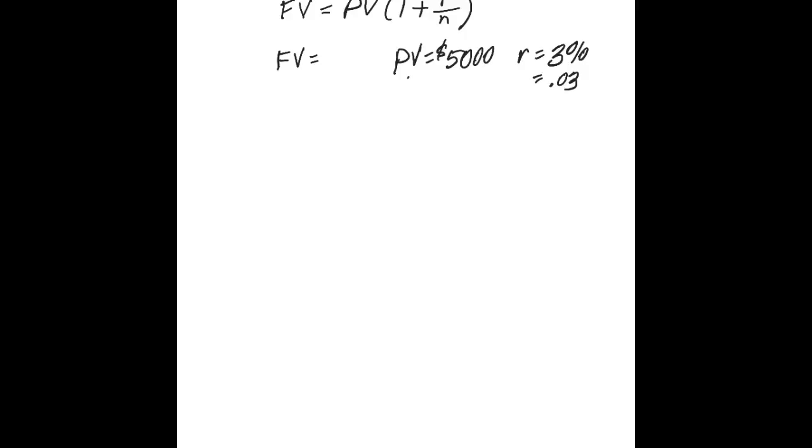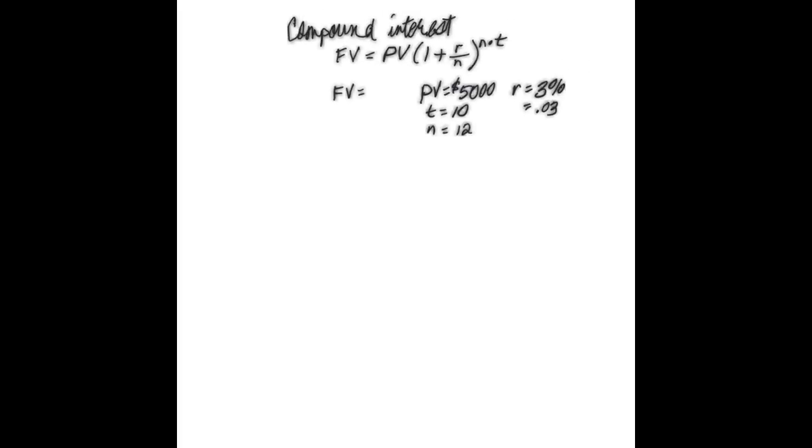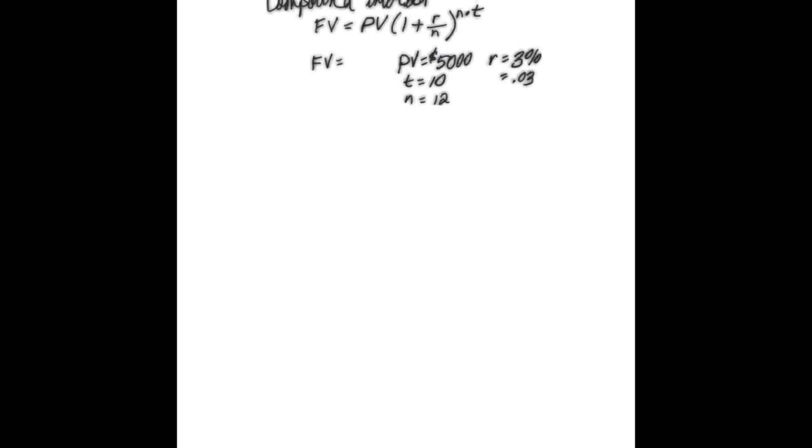We're going to let t equal 10 years, and we're going to let n equal 12 for monthly. So we want the future value.